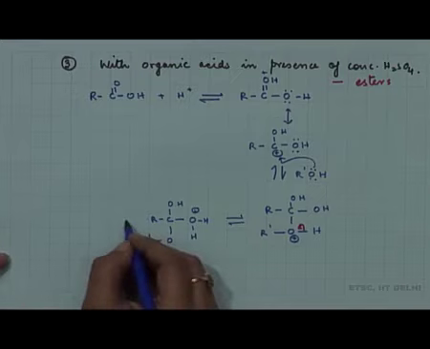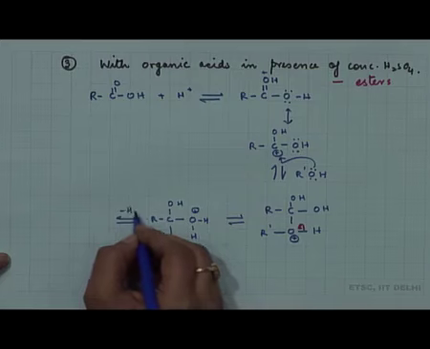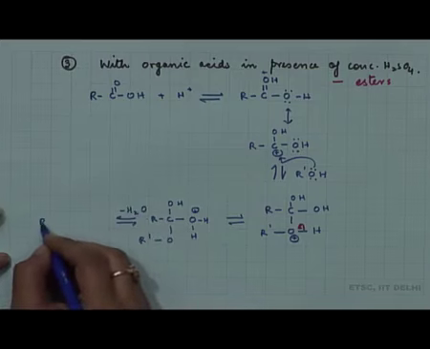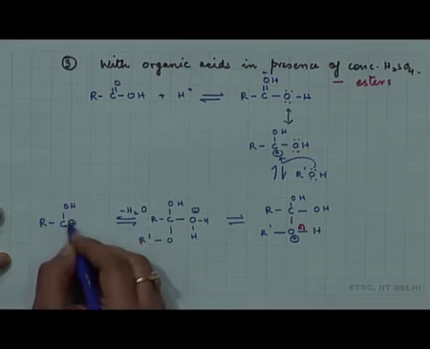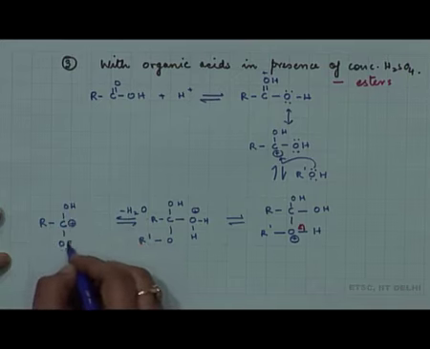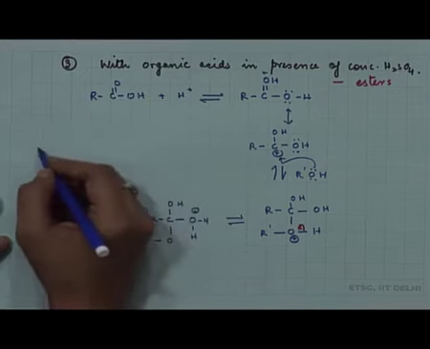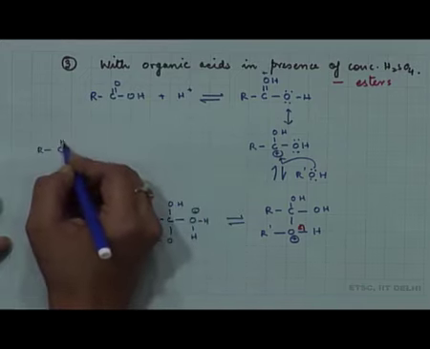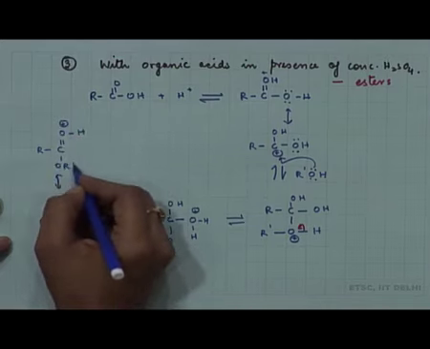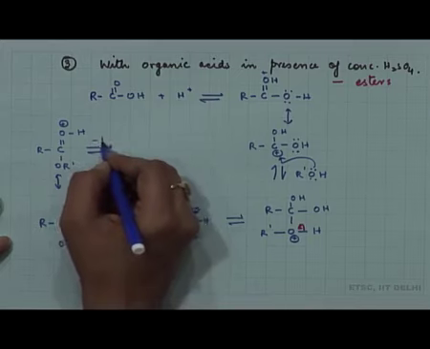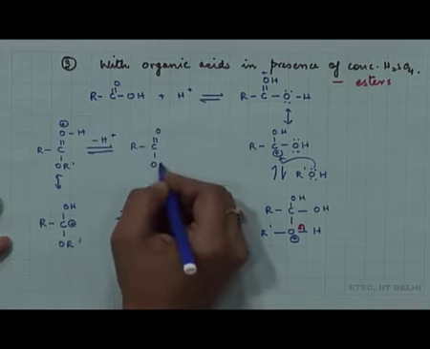And then there is elimination of water molecule and you are left with this carbon bearing a positive charge, and then this can be reorganized to show in this manner, which eventually undergoes loss of proton to give you the corresponding ester.